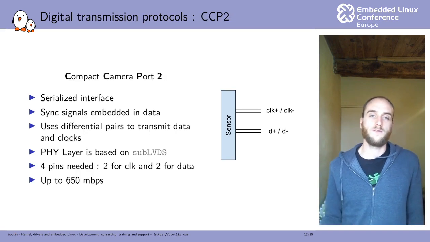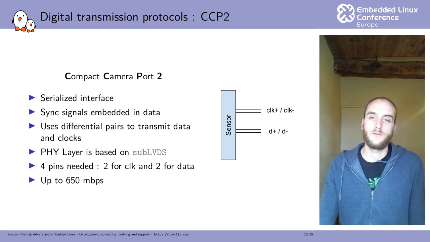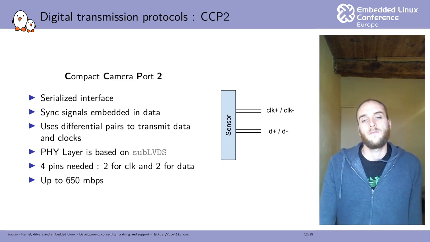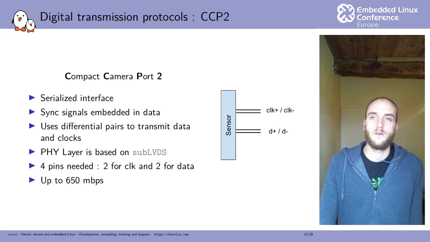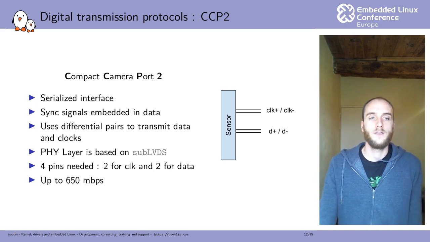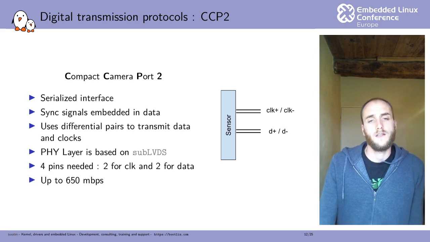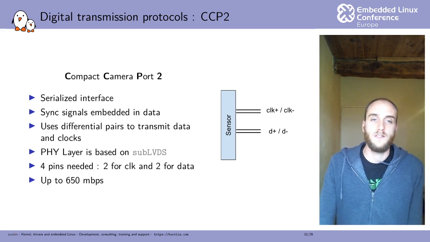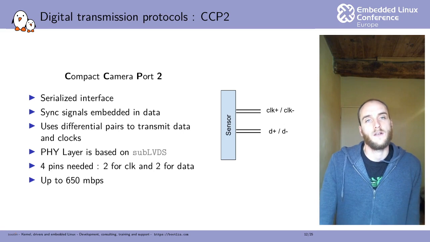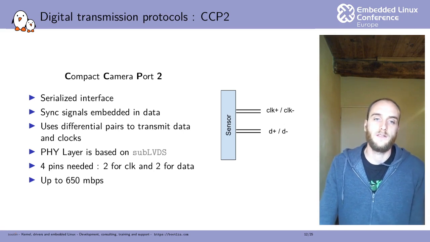Another widely used interface is the Compact Camera Port 2, so CCP2. It is a serialized interface, so contrary to a parallel interface, data is going to be sent one bit after the other. In that case, you can notice that there are no H-sync and V-sync. Actually, this synchronization information is embedded into the data.